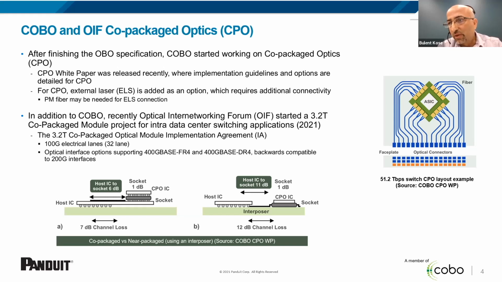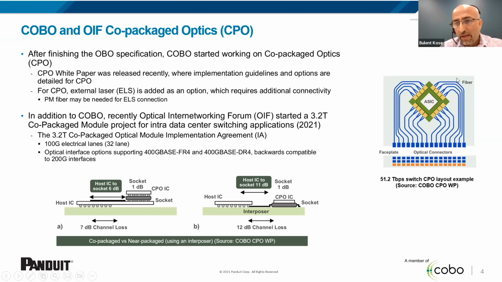So when you look at these, for the FR4, it's 256 fibers that will go into this switch, and for DR4, FR4 using wavelength division multiplexing with 4 wavelengths, DR4 parallel lanes, they would require 4 times, which is 1024 lanes.